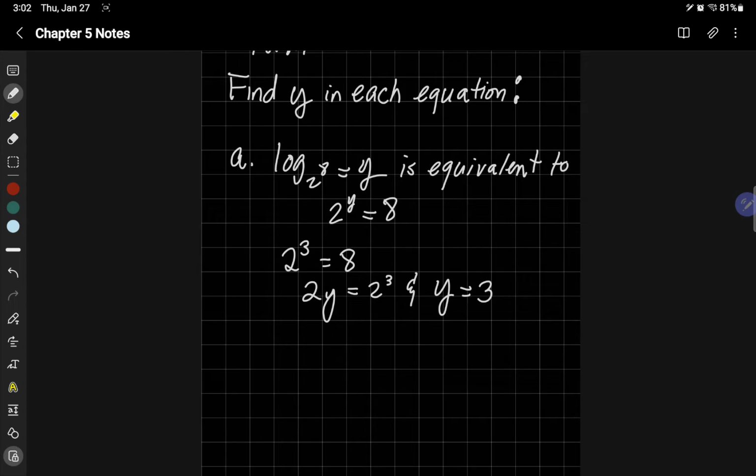I know they're using 2. Okay, we have to use our brain. So 2 to the y equals 2 to the 3rd. And y equals 3.